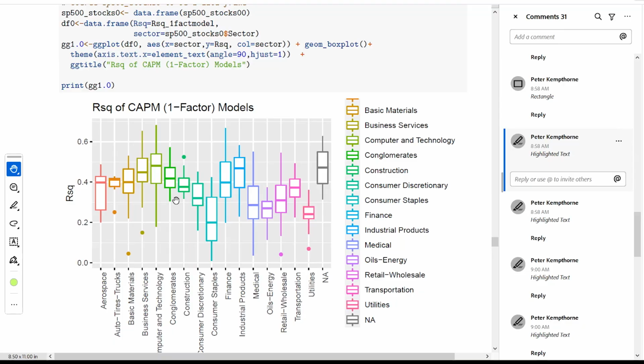There were, I think, around 380 or 400 stocks. They're grouped by sector, and we can see how the R-squareds of the regressions vary from 0 to 1. They typically are above 0.2, so there's some reasonable R-squared relationships that are being explained.